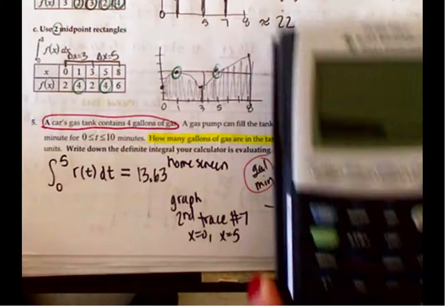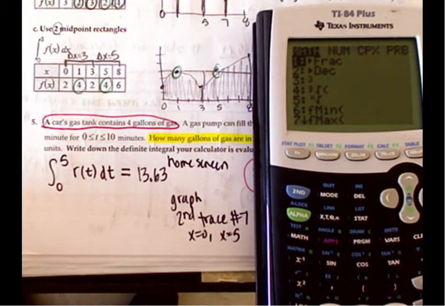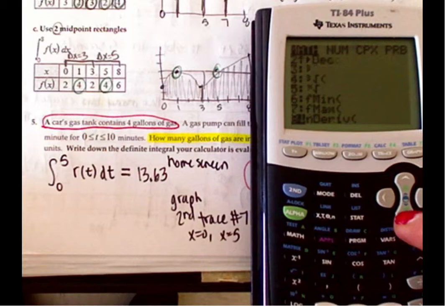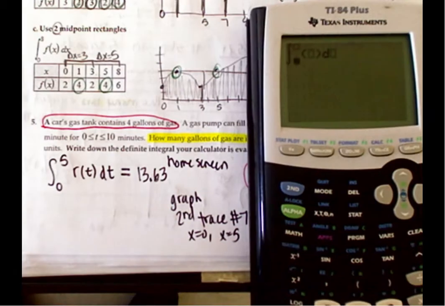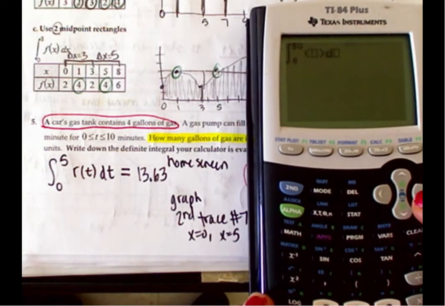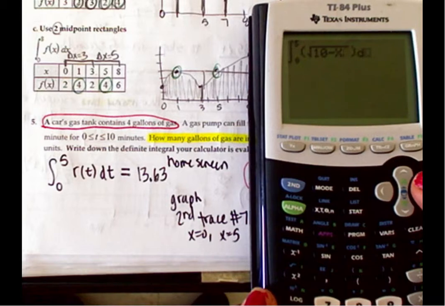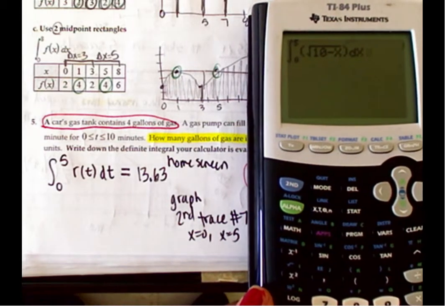I'm going to do it on the home screen. Quit. Math number 9. That's where I get the F int, and that's where you get this screen. 0 to 5, root 10 minus x.